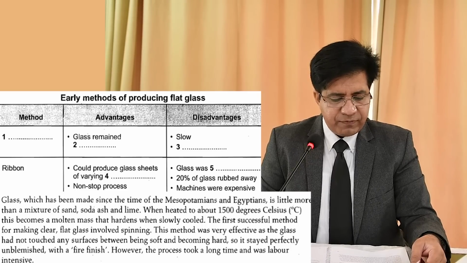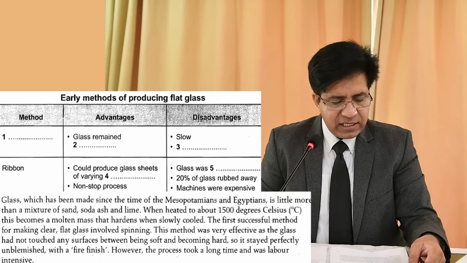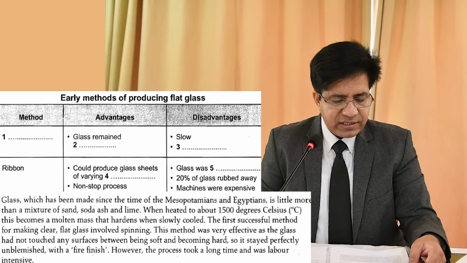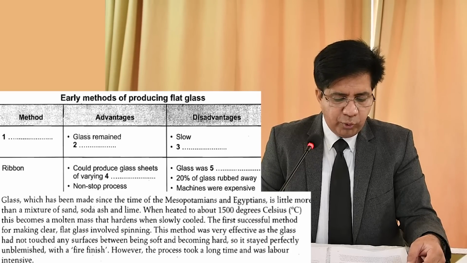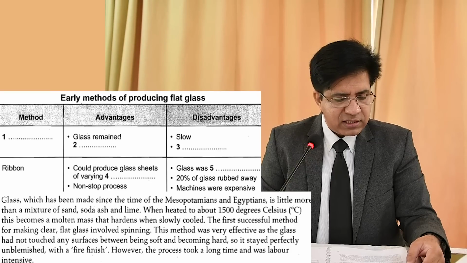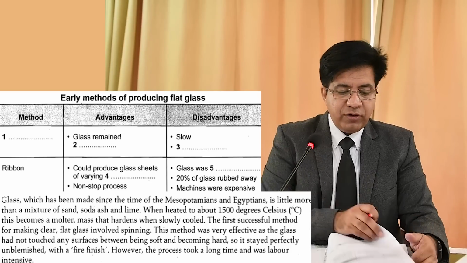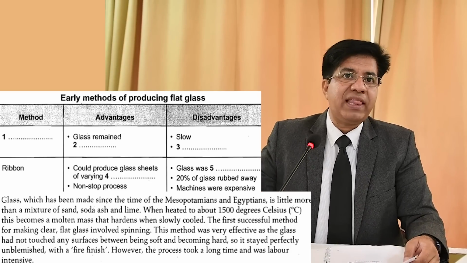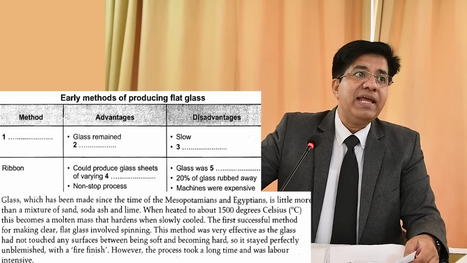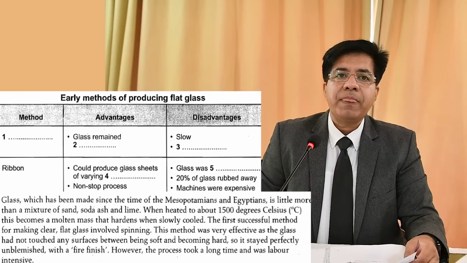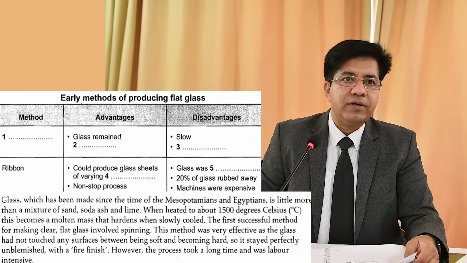When heated to about 1500 degrees Celsius, this becomes a molten mass that hardens when slowly cooled. The first successful method for making clear flat glass involved spinning. Now involved spinning means the first method was spinning. So what will be the answer? Spinning will be the answer, okay?